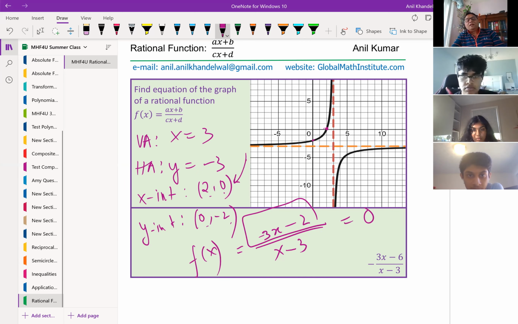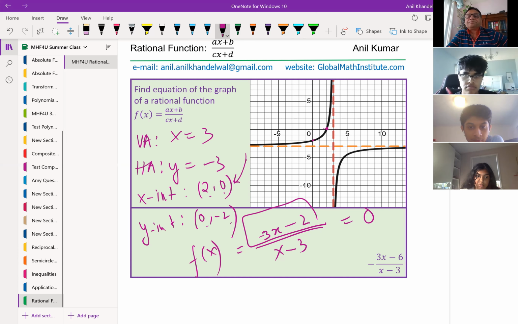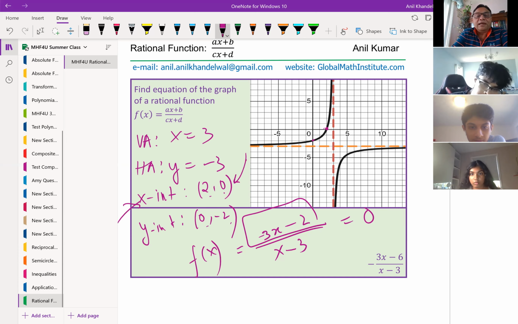You do not get 0 when I put x equals 2. Sir, if we change the -2 to 6, would that work? The idea here is, since we did not get the x-intercept but we did get everything else, you have to check all the values. That means there was a factor outside. You get the idea? So we have to double this up.